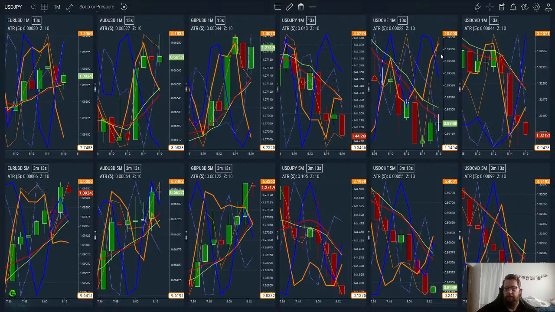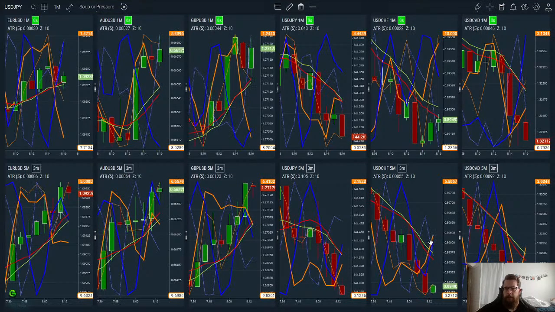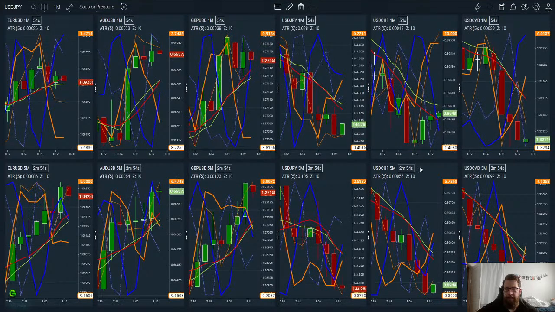Looking at this, if we see a good kink to the downward side on the thick orange here, could be a good opportunity to go short, drop the chief again.